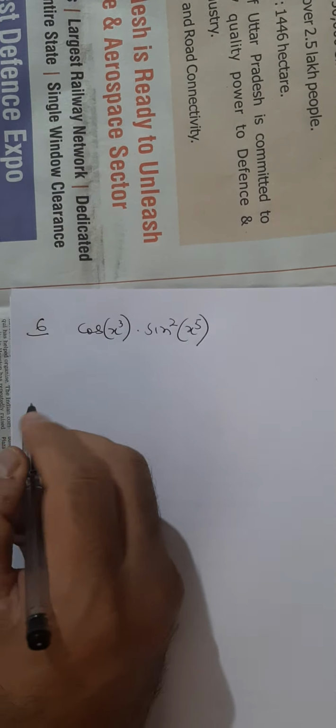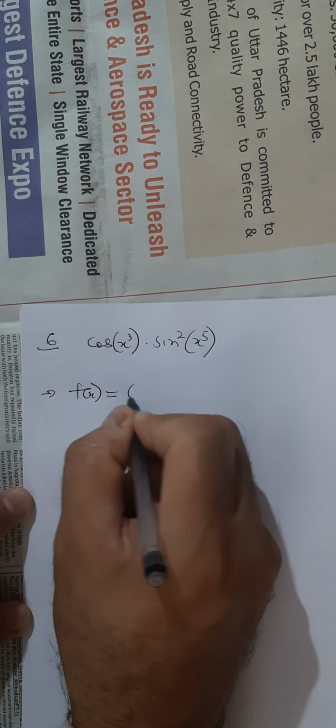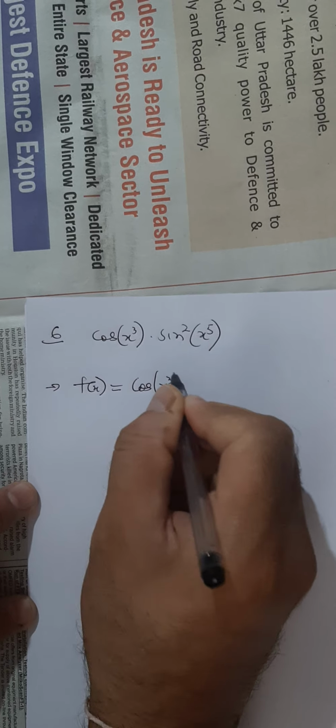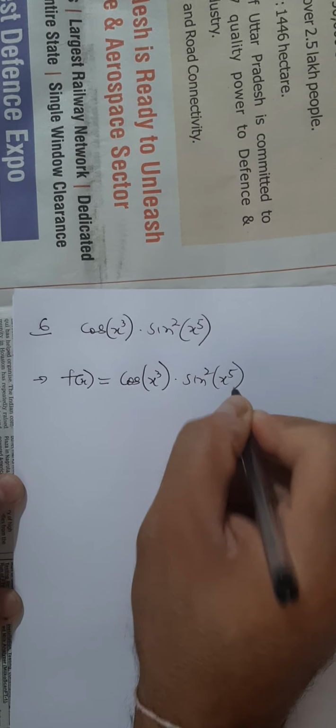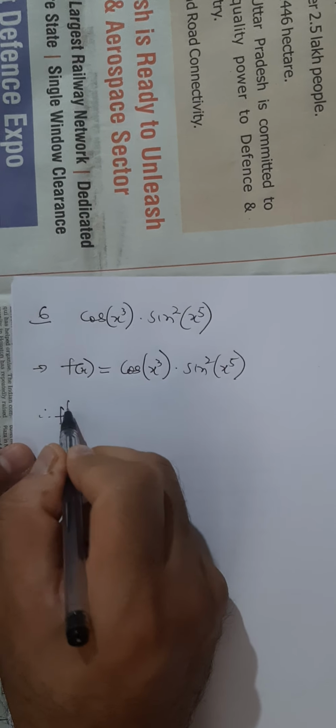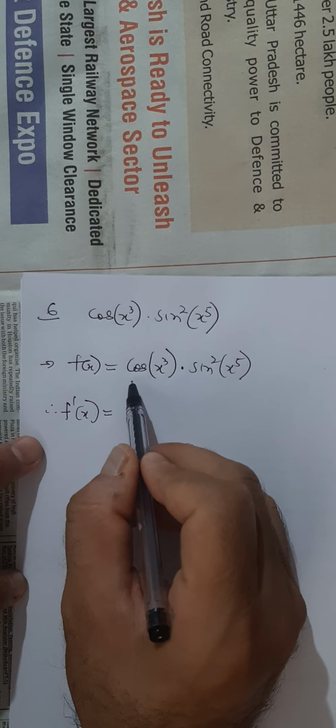Okay, next is this. Here you have product of two functions, remember. So we use product rule. So I'll call this as f(x), cos of x cube into sine square x raised to 5. Now f dash x. So now we are differentiating. Product rule, you know what's a product rule.